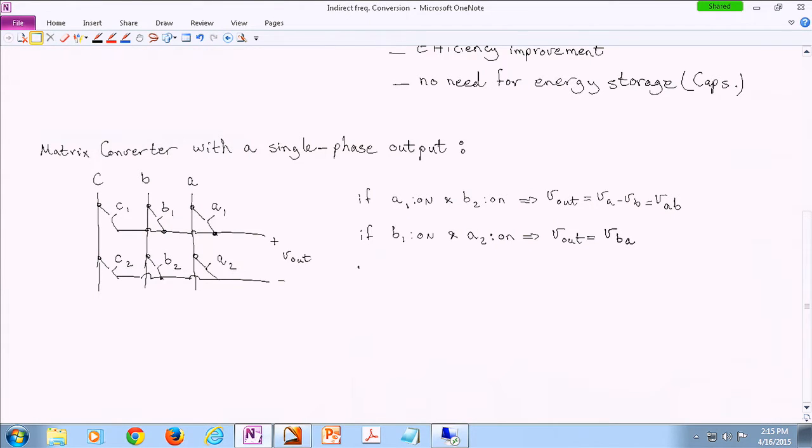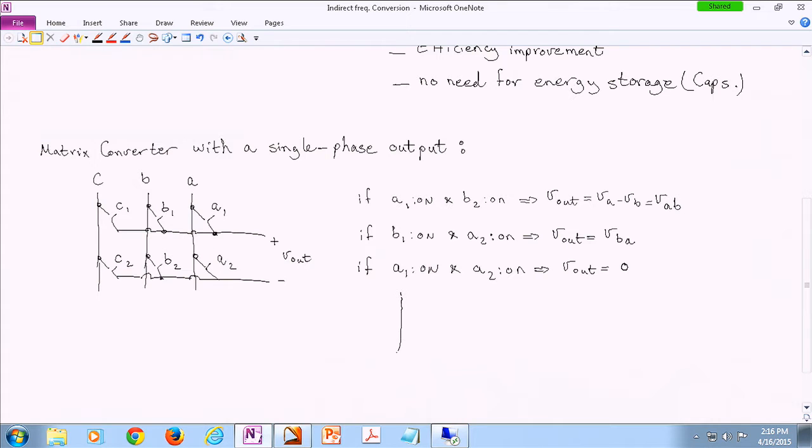Okay, and for instance, if A1 is on and also A2 is on, so technically it's like we're shorting our output, so our V out is 0. And you can keep considering the other possibilities. 6 out of these 9 possibilities are giving us line-to-line voltages like VAB and VBA, VBC and VCB, and VAC and VCA.